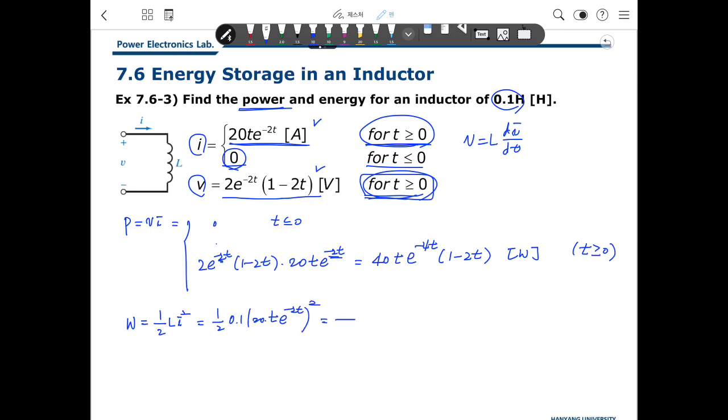So 20 squared t squared is equal to minus 4t, and there will be 20 t squared exponential minus 40. The unit is joule, for t larger than 0. So this is a simple way to calculate energy here.